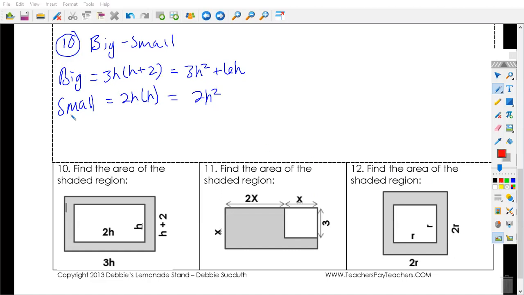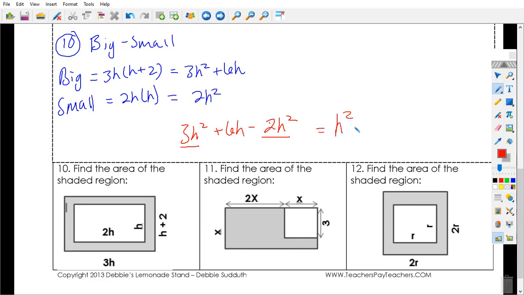Now we're going to do our big minus our small. So we have 3h squared plus 6h minus 2h squared. When you're adding and subtracting with variables, they have to have what? Like terms, right? So what are my like terms? I have 3h squared and negative 2h squared. What does that make?